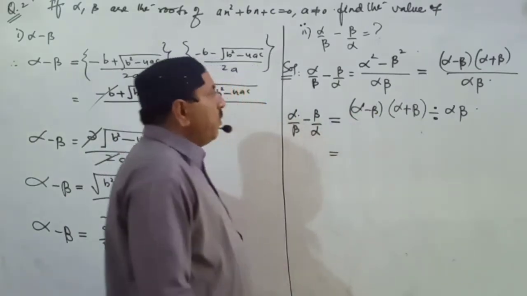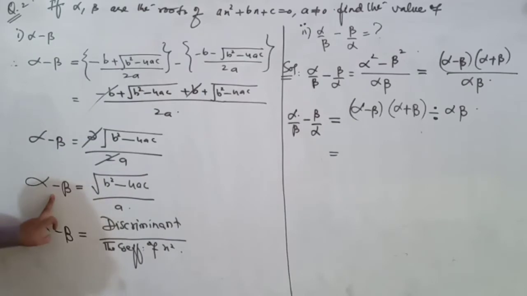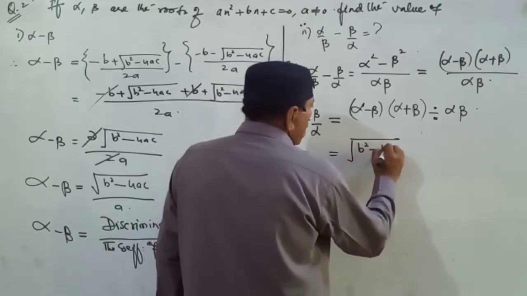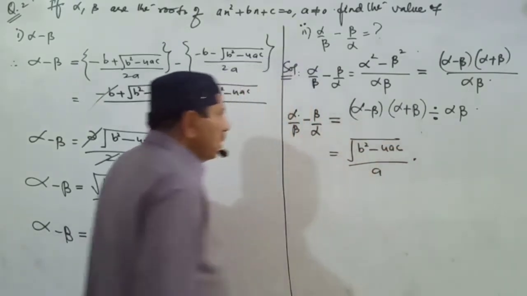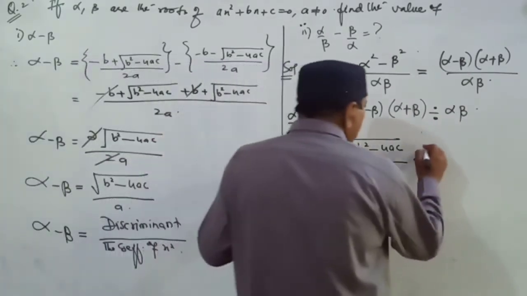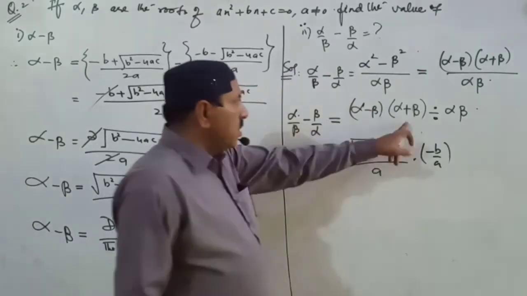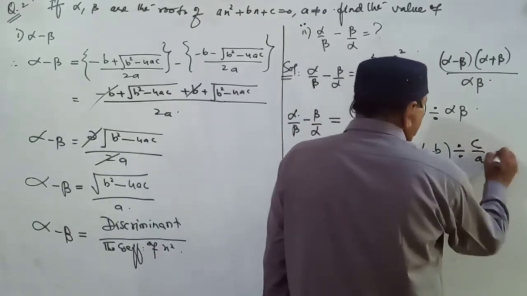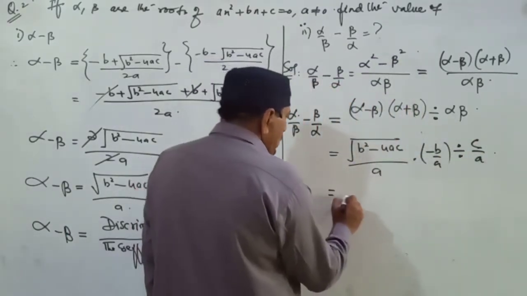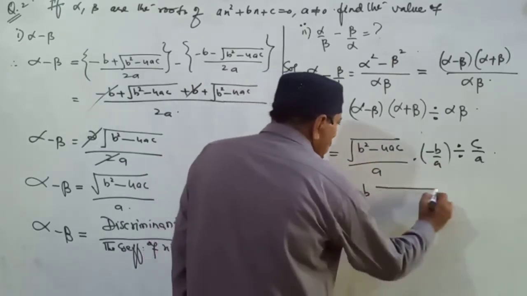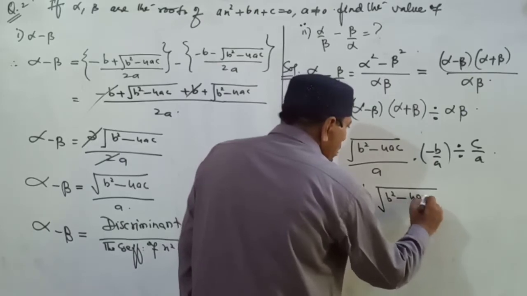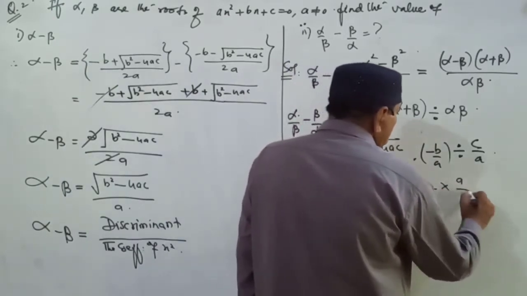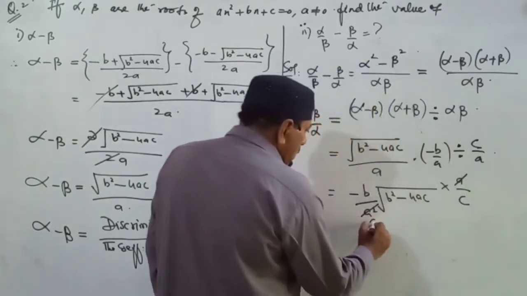So here, the difference of the roots is radical b square minus 4ac upon A, into the sum of the roots, minus B upon A. You also know, according to the sum of the roots, minus B upon A, divided by the product of the roots, meaning C upon A. So here it will be minus B radical b square minus 4ac upon A into A square into A upon C, A square.